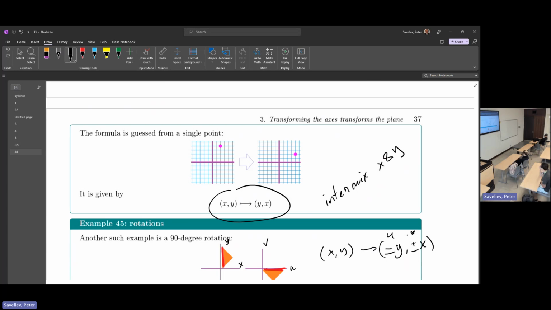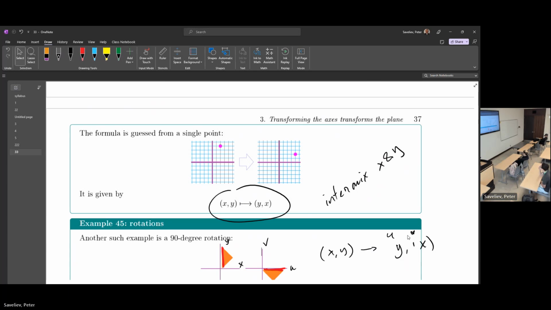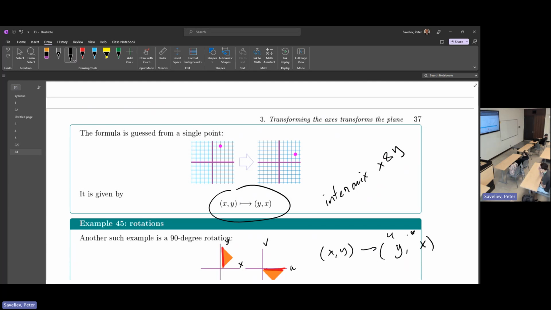Whatever was y, hold on, am I right here? Let's once again look at x. Whatever that value of x was here, it dropped down. But that's the variable of u.